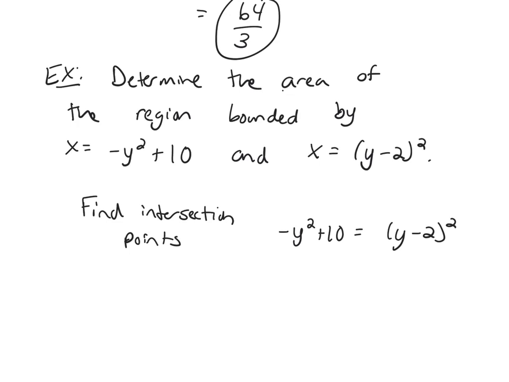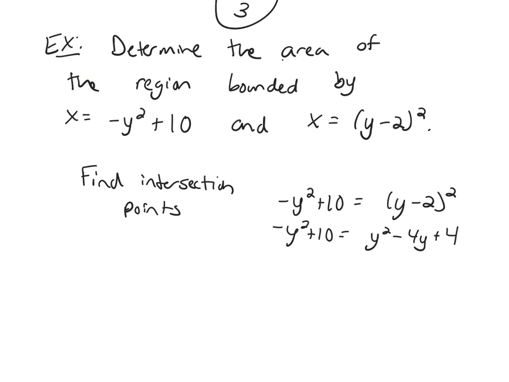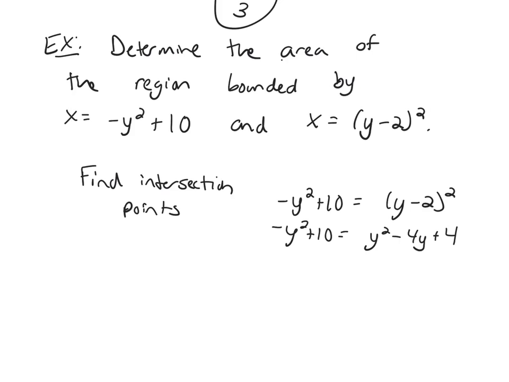What should I do next? FOIL out, okay. I get y squared minus 4y plus 4. I'm going to move everything to one side.